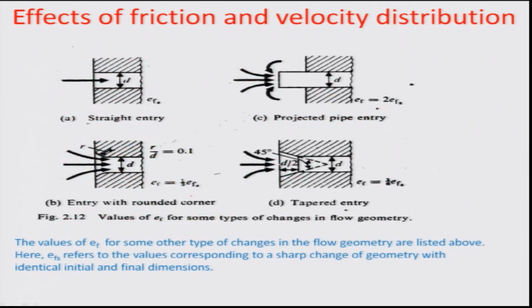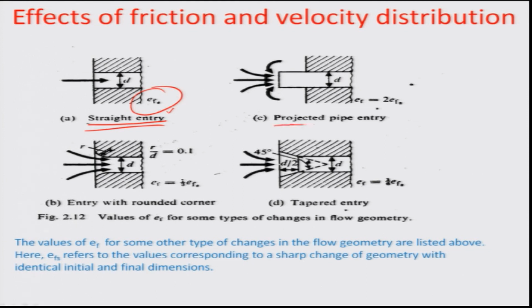So, let us look at this entrance effect. For a straight entry case, the EF is whatever EF data you are recording with respect to the area ratio, the value of the actual loss factor.